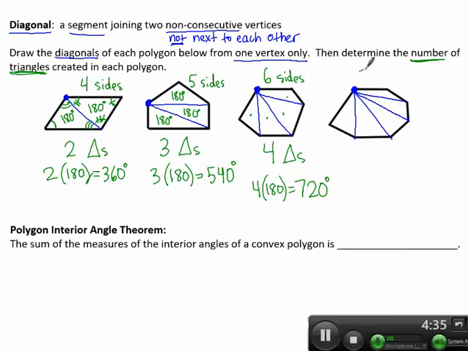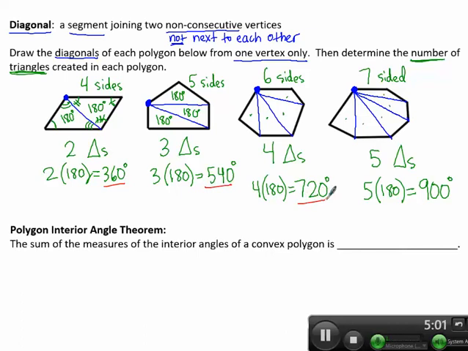Finally, the 7-sided polygon, which is our heptagon, 1, 2, 3, 4, 5. 5 triangles, which means to find out the number that the interior angles measure add up to, 5 times 180, which is 900 degrees.